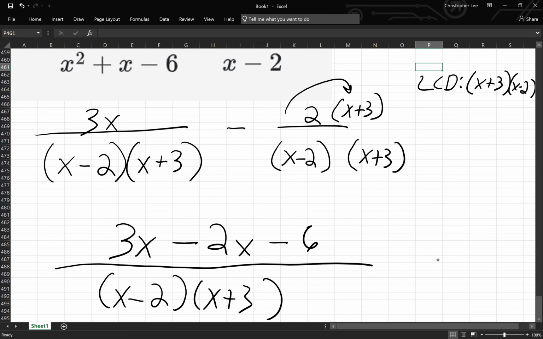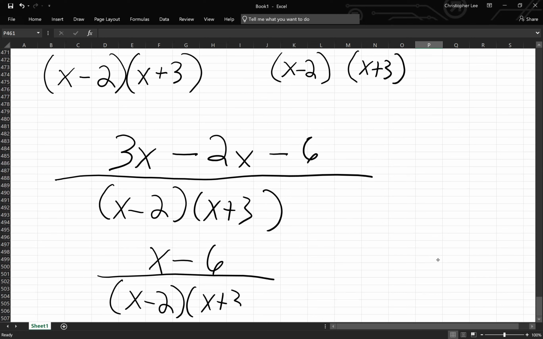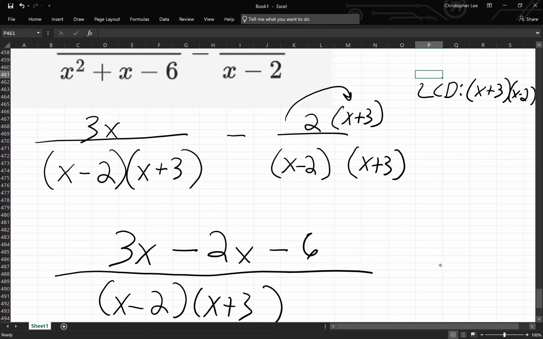After that, we combine like terms and get x minus 6 over x minus 2, x plus 3. And that's it. Easy, right? 3x minus 2x is 1x, and then the -6, coming from distributing the -2 up here and then combining like terms.